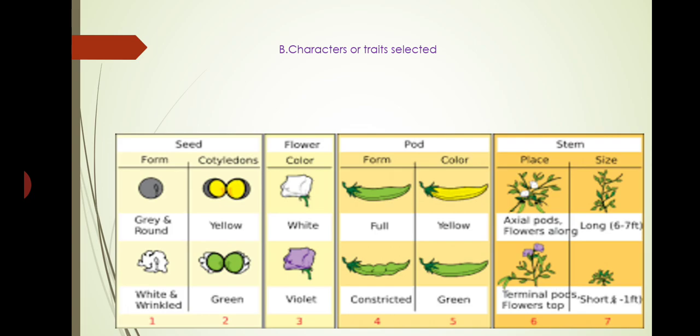These 7 dominant traits are written in capital letters, and those contrasting characters, the recessive ones, are written in small letters.